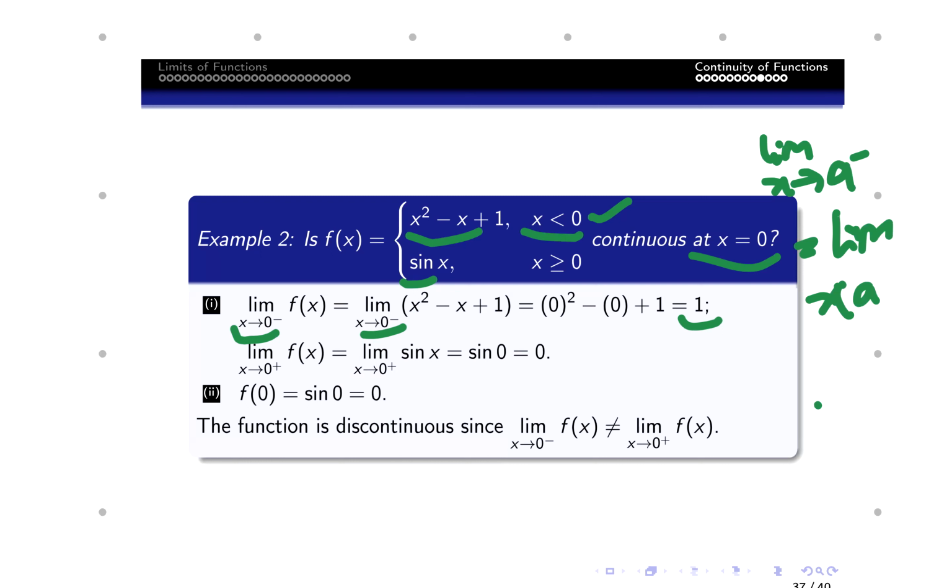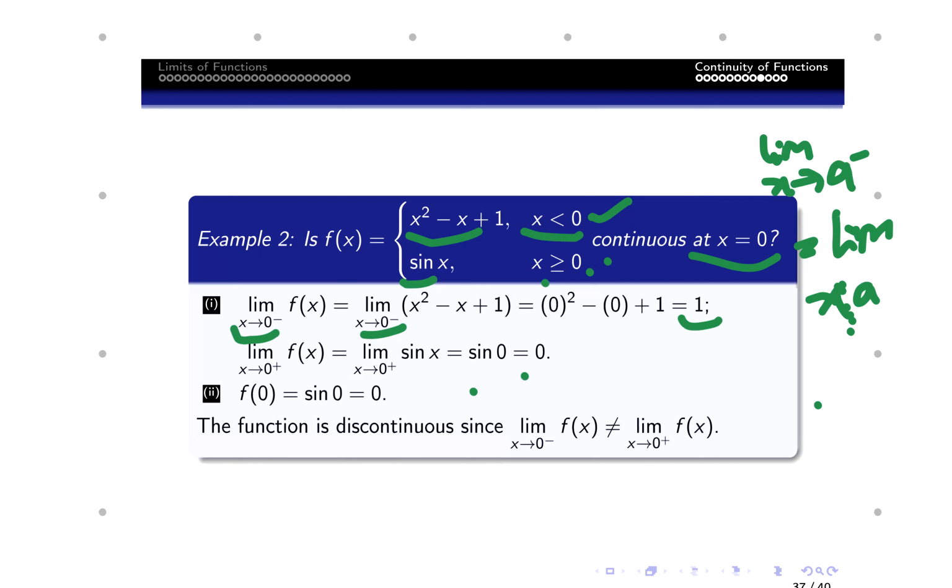So in this case, from the positive side, you have x greater than or equal to 0 and sine x. So when you put 0 there, you end up having 0. So sine 0 is 0. So with that alone, the law has broken down.